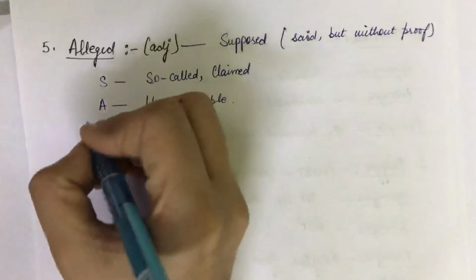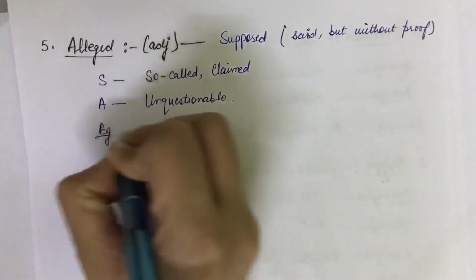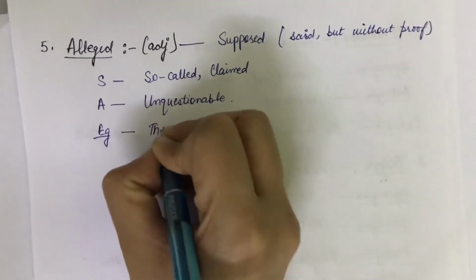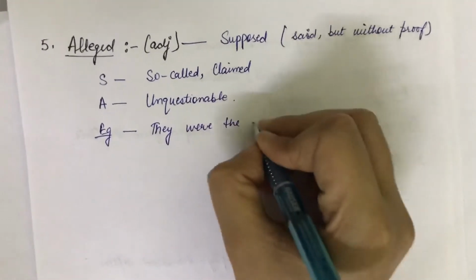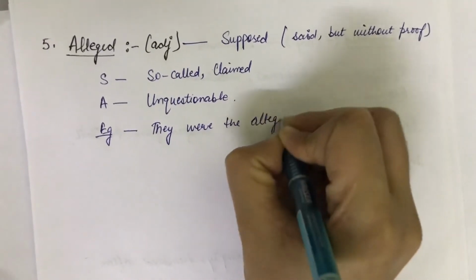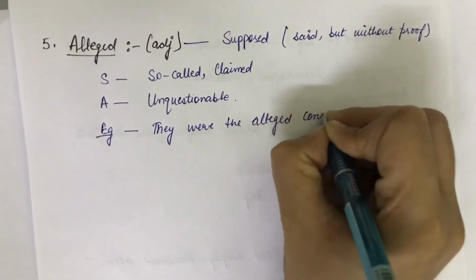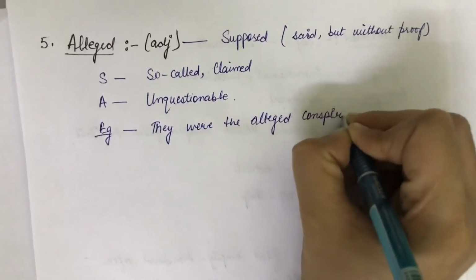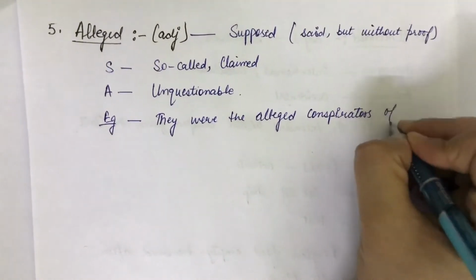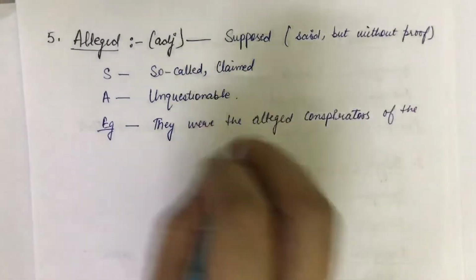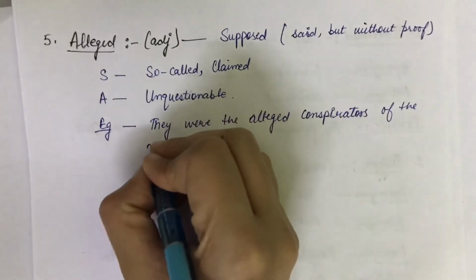Okay, so now moving towards the example to this word, which is, they were the alleged conspirators of the murder.